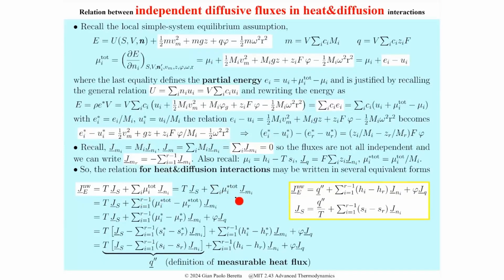Now I substitute it with the summation that goes from 1 to r minus 1, and the last one comes inside the summation by virtue of this mass balance, so to speak, equation. No, that's not a mass balance. It's simply the definition of barycentric velocity.